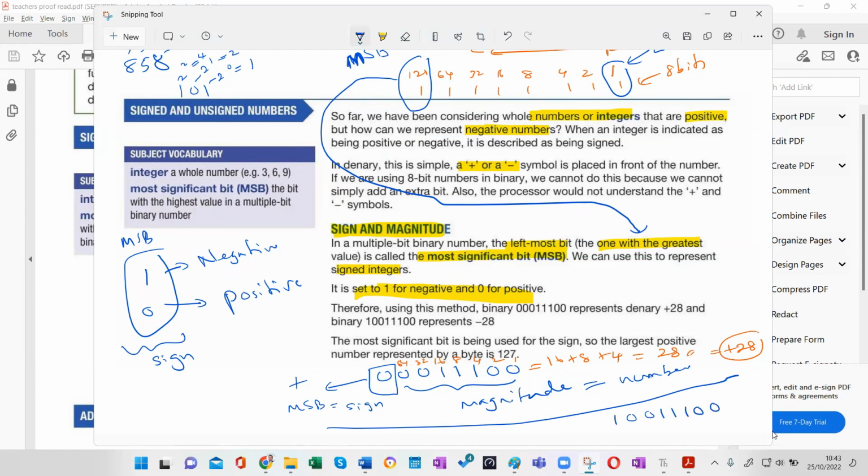First you check whether there are 8 bits. All right, so the most significant bit is 1, which means this is a negative number. Then what is the magnitude? Magnitude is the same as before, so it's 28, but this time it's minus 28. Simple. Is that clear, everyone?